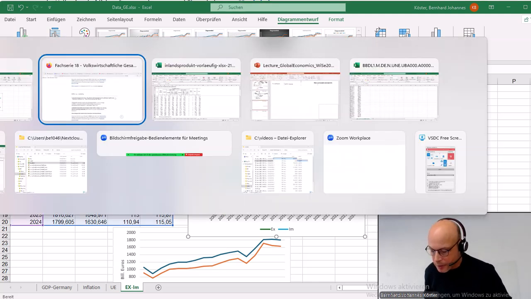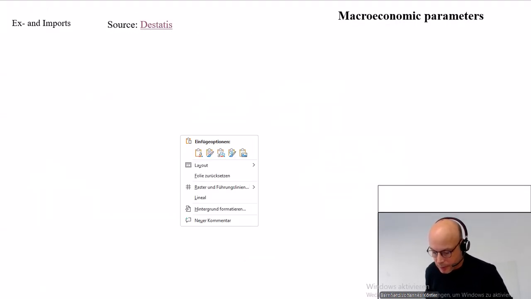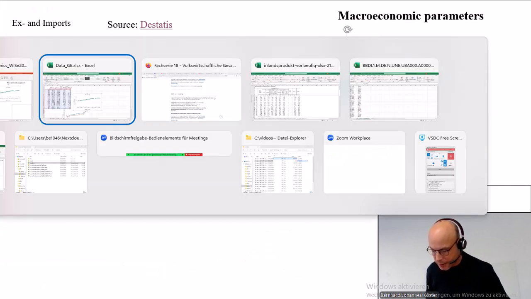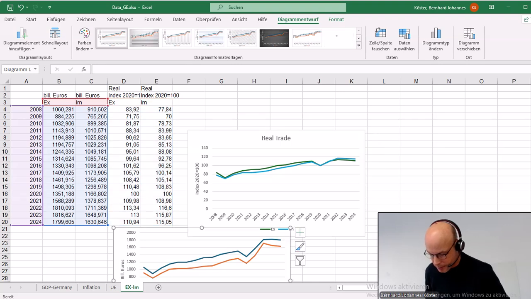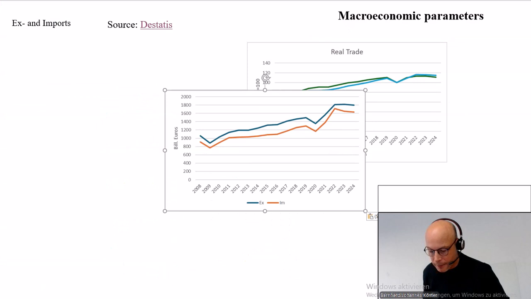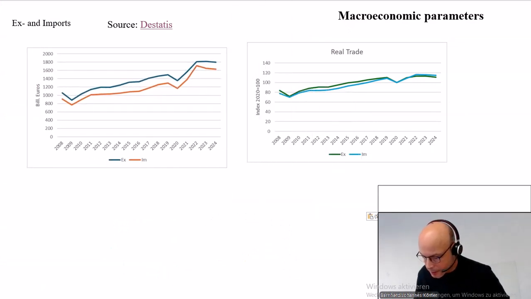So let's copy both. Real trade and nominal.